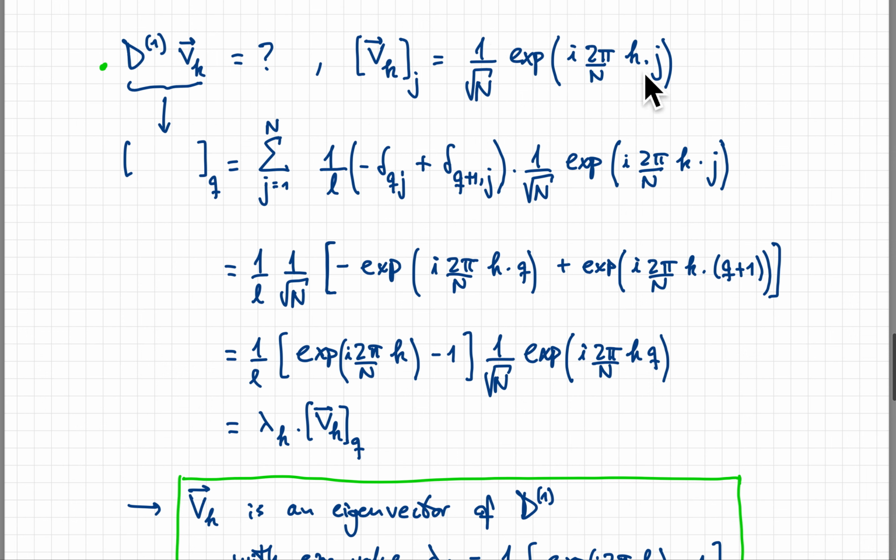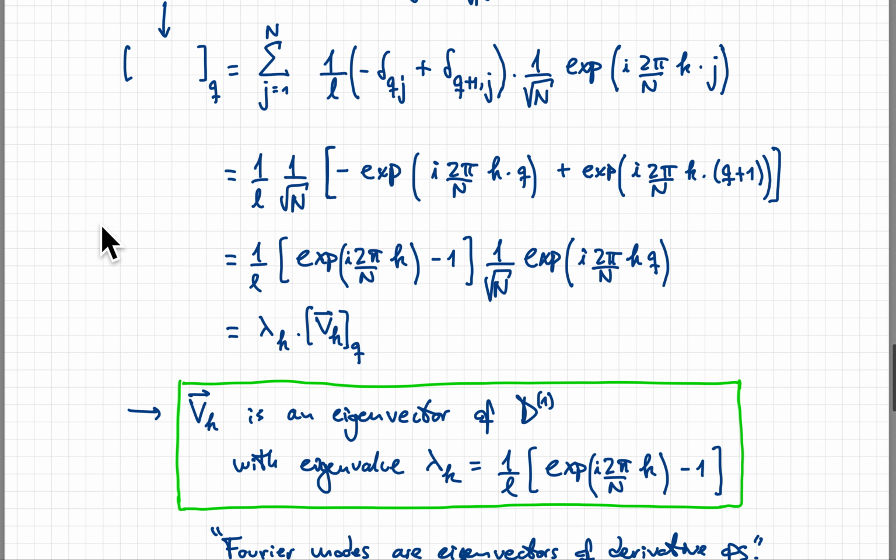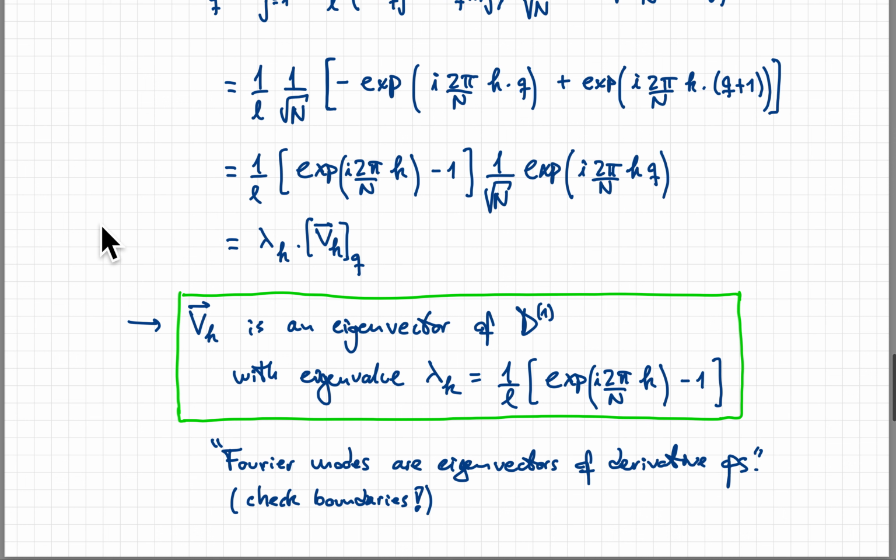If you fix K and you vary J, although that's also true vice versa, but if you fix a given mode K and you vary J, then you obtain the behavior of a Fourier mode. Now, this works for periodic boundary conditions. If you had other boundary conditions like hard walls and so on, you have to construct the modes in a different way.